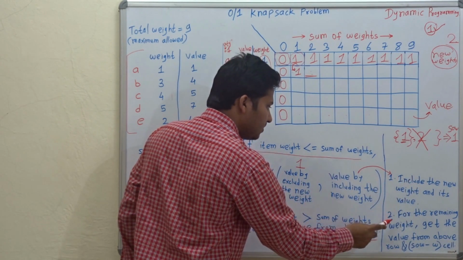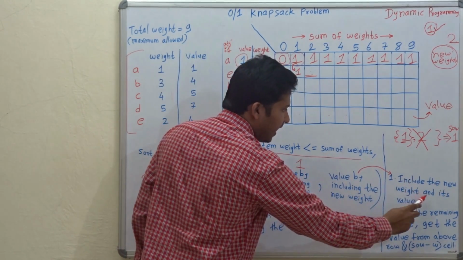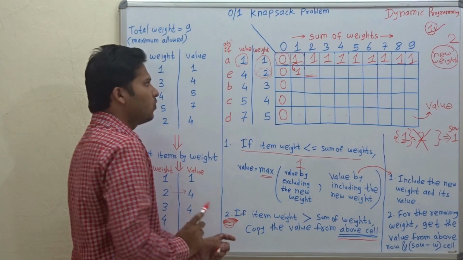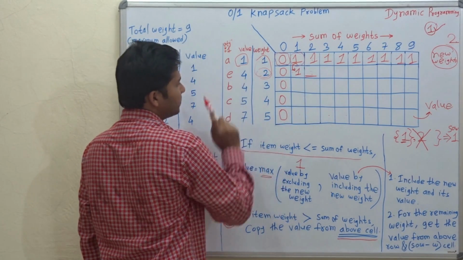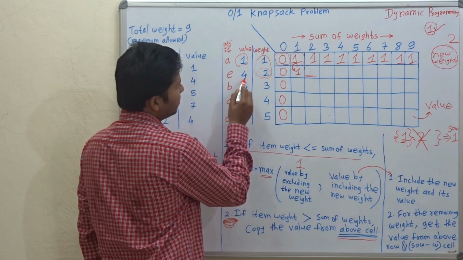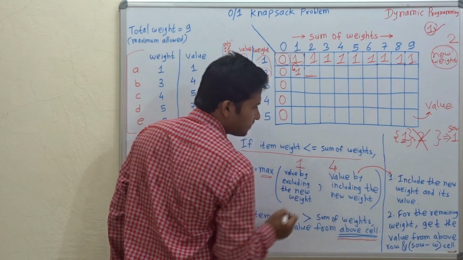The first step is to include the new weight and its value. So whatever is the new weight, just include this new weight and its value. So what is the respective value for this weight? 4. So I will include it.